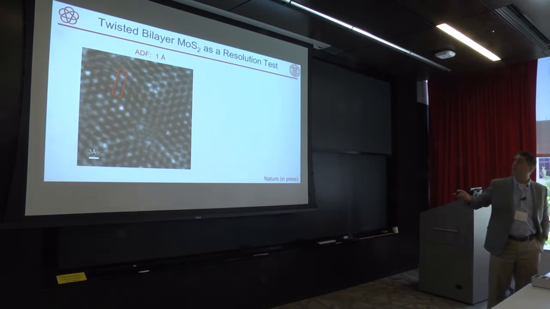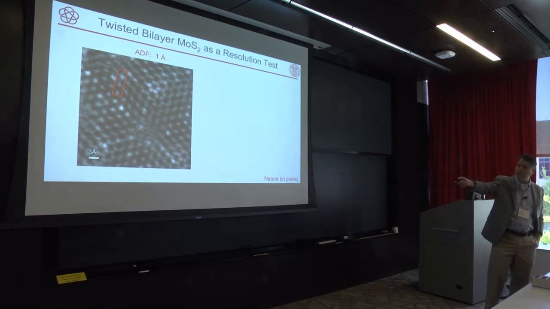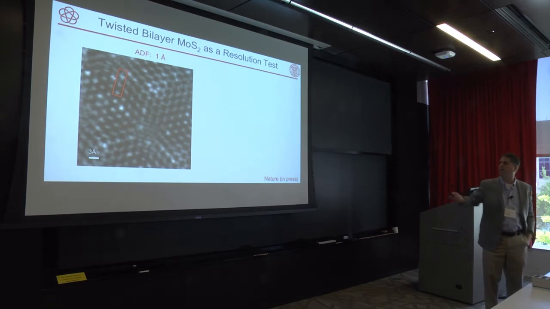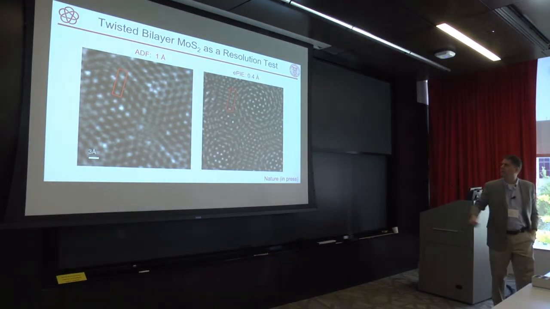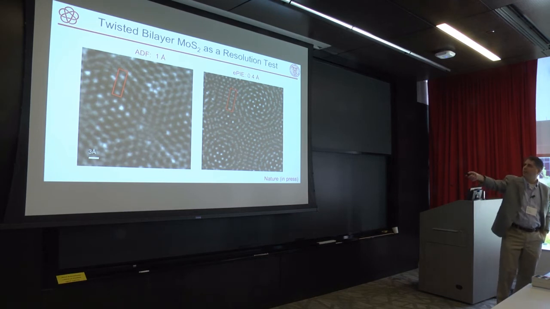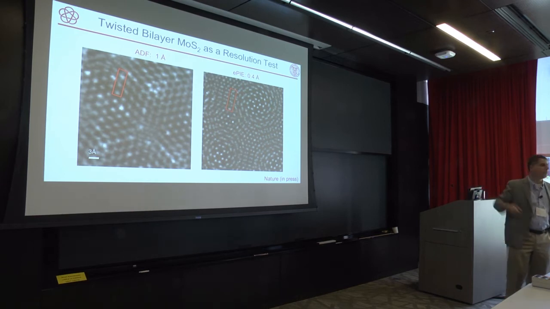So this is a state-of-the-art microscope at its highest resolution, which is an angstrom because you have to work at a very low beam voltage not to blow these things apart. And then here it is with our new detector running at 0.4 angstroms. And you can see there's a huge improvement. And this is now the highest resolution electron microscope image in the world, at least for this week.